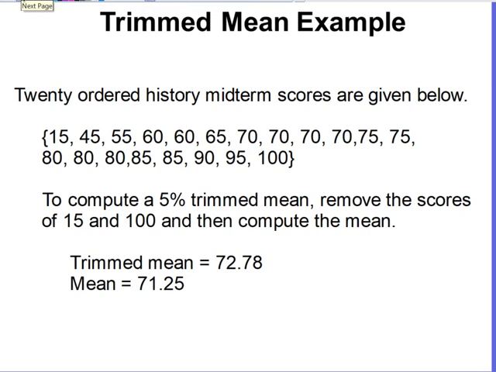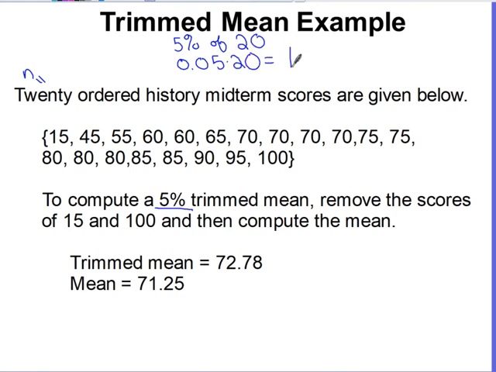Here are some numbers. I believe there are 20 numbers in here, 15 all the way to 100. It's asking for a 5% trimmed mean. So 5% of 20, so 0.05 times 20 is 1.